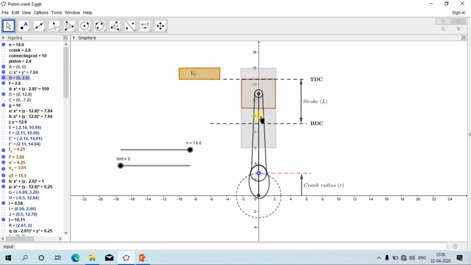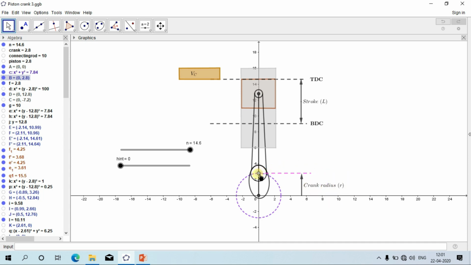Look at the motion of the piston and crank, they are in sync. When the piston is at top dead center, the position of the crank is vertically upward. This distance from the center to this point is considered the crank radius.